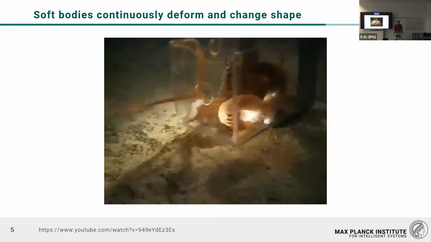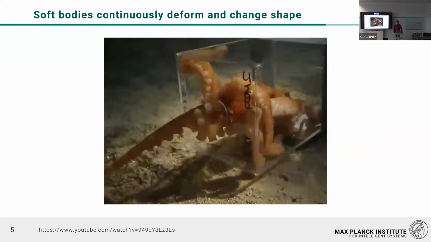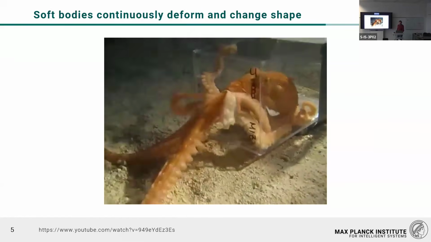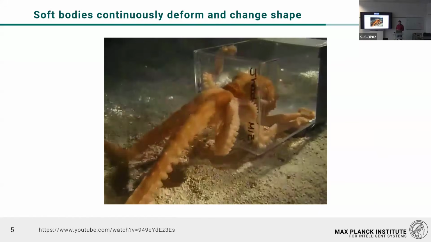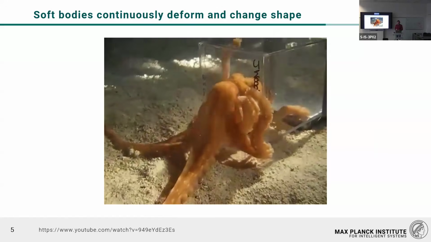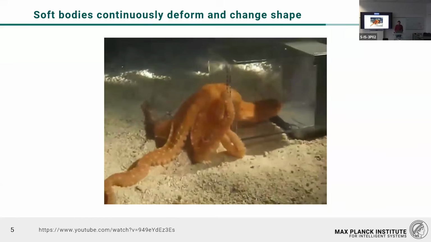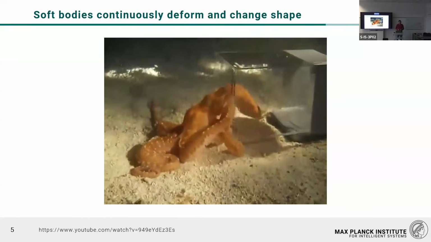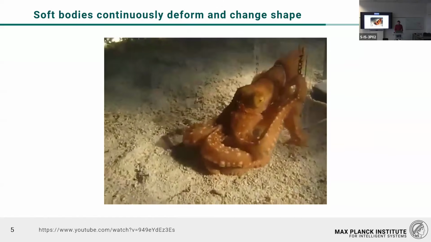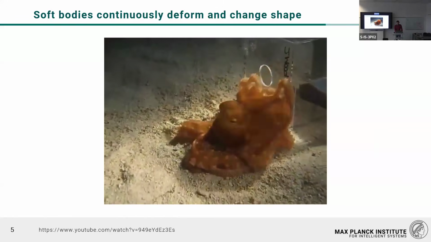For example, if we look here at an octopus that is trying to go through this small hole here, which is about 1 inch in diameter, then we can see how this body is deforming, actuating to achieve this task. So it's really a shape-changing natural organism in that case. So almost through. Just a little bit more, and whoop, there it goes.